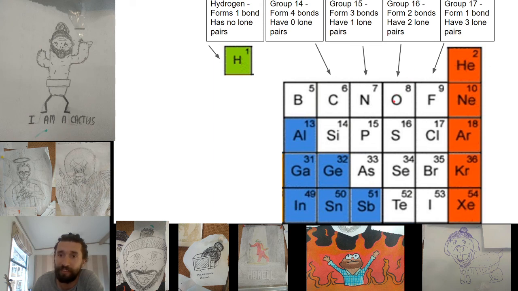It's going to have 6 electrons around the oxygen. 4 of them are going to be 2 lone pairs, so 2 pairs of electrons, and then 2 unpaired electrons, which will allow all of group 16 to form 2 bonds. Group 15 will form 3 bonds with 1 lone pair, and group 14 will form 4 bonds and have 0 lone pairs.